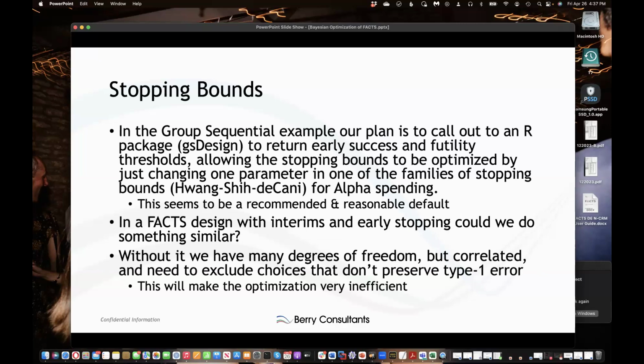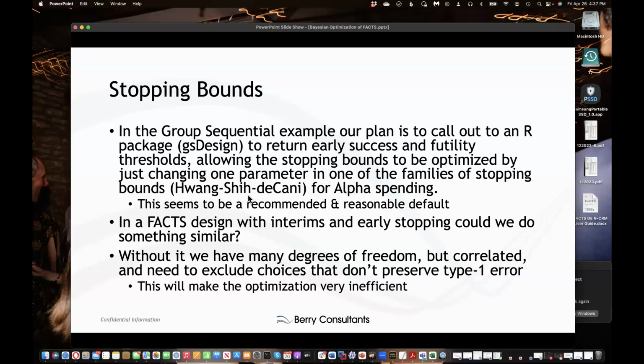So when we get to doing the Bayesian Goldilocks, the Bayesian group sequential type design, we're going to need some way of setting the stopping boundaries. Now, for the group sequential, we're going to call out to an R package like gsDesign to return the early success and futility thresholds using these parameterized boundaries, which allow the boundaries to be selected by changing just one parameter to select a particular boundary from a family of stopping boundaries.